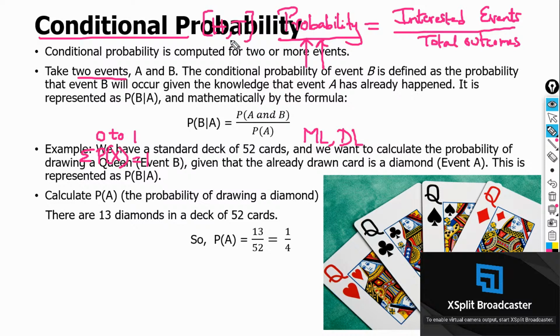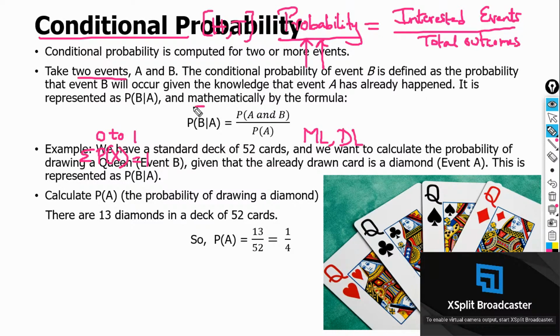If someone asks you what exactly is conditional probability, you can say it is the probability of event B occurring given the knowledge that event A has already happened. That means out of the two events, one event has to be completed. Then what is the probability of event B happening is nothing but conditional probability.